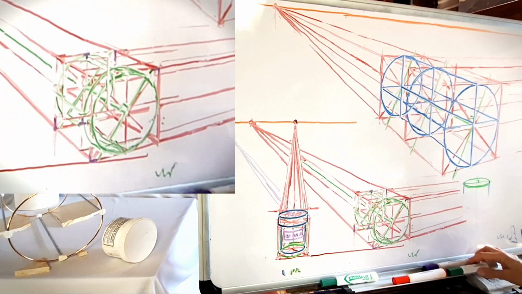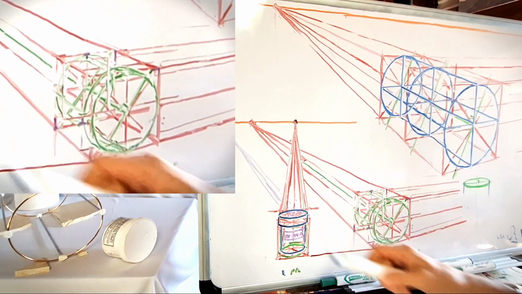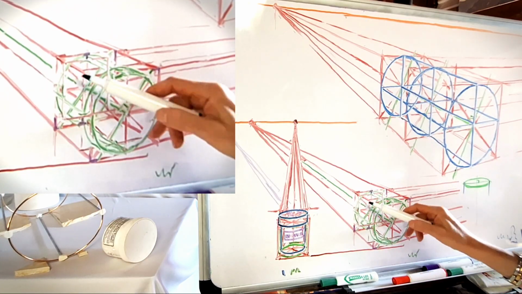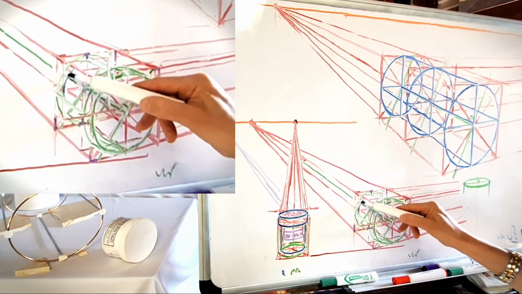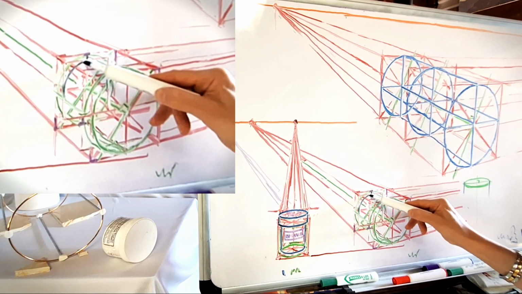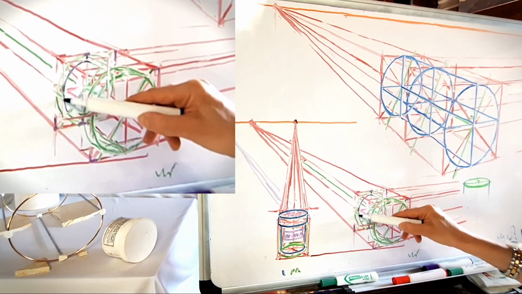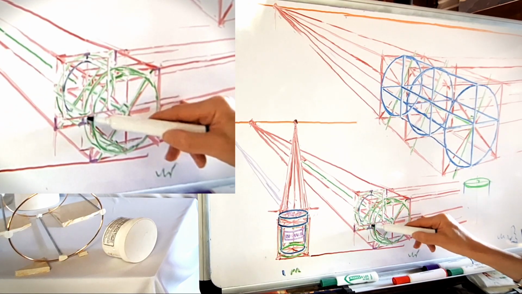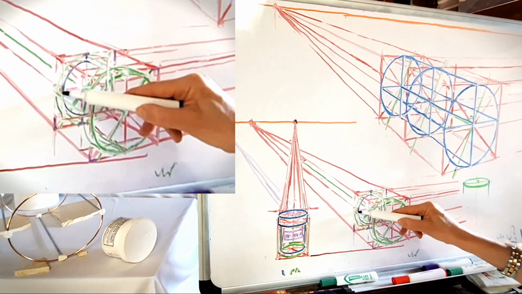Now I will go ahead and switch to my blue marker, like I did here, and complete the construction. This is my elliptical here. And you see how this inner elliptical is much easier to do because I have that outer green elliptical.